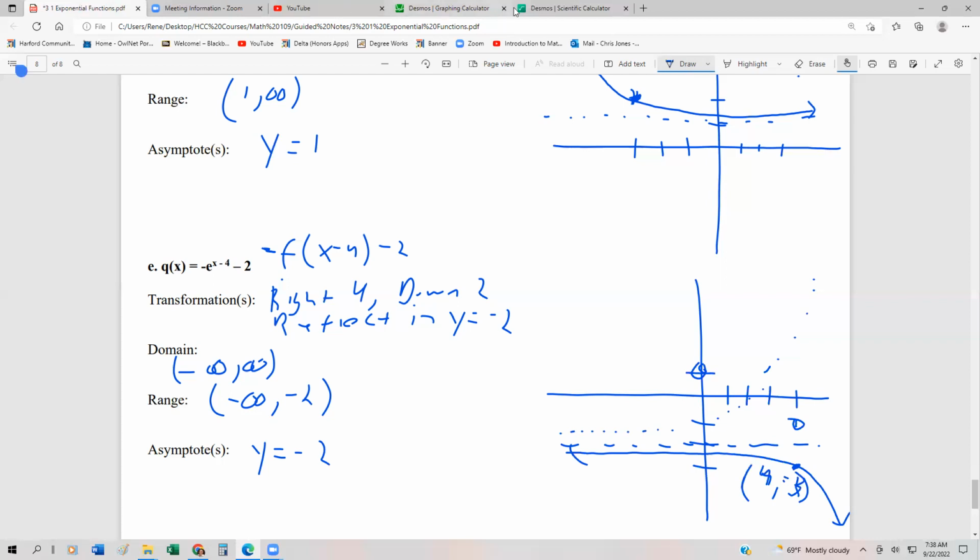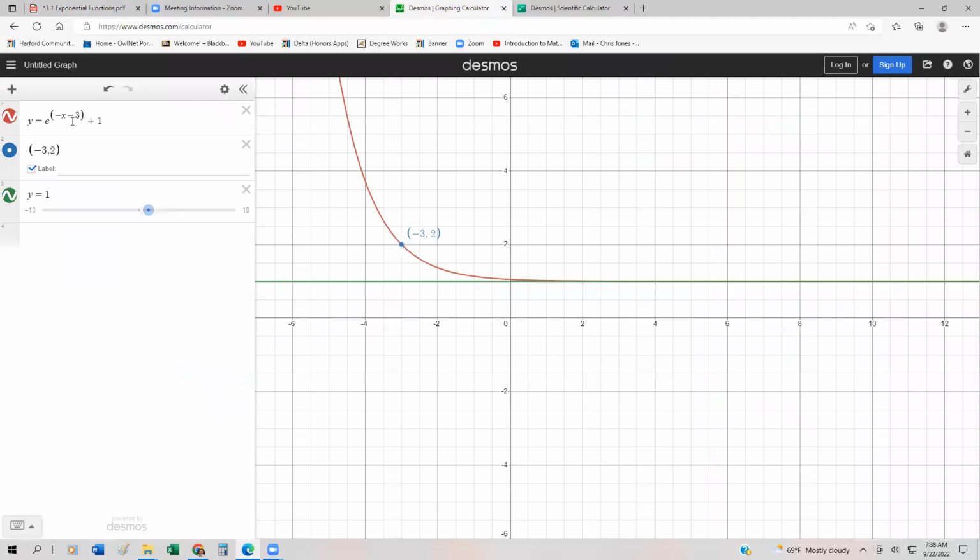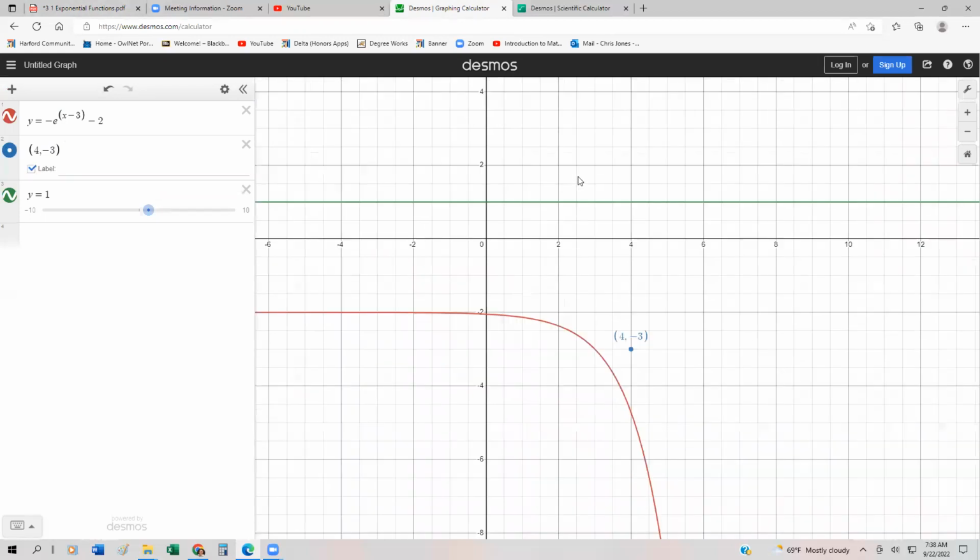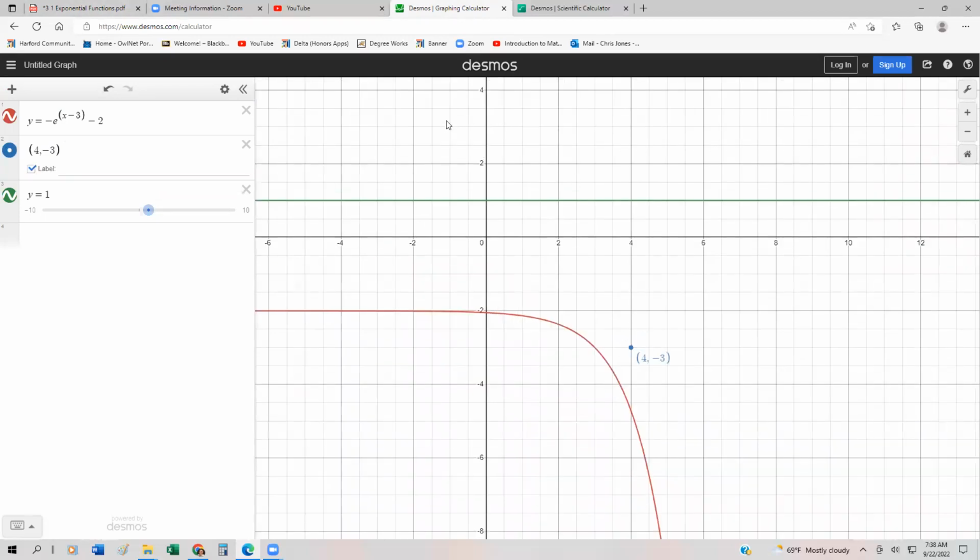So we have our graphing calculator. So we have -e to the x -3 -2. And we have the point 4 comma -3. Looks like that point is not on there.